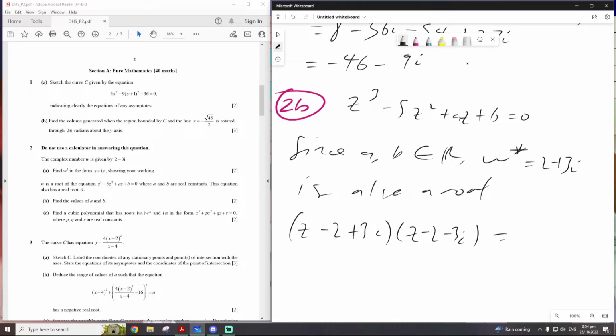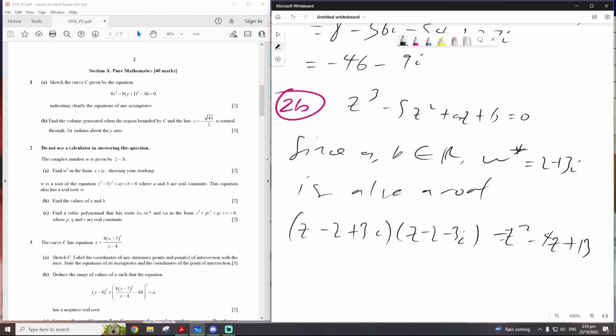So this is z squared minus 2 minus 3i times 2 plus 3i. They are conjugates, so you get the square of the modulus, and the real part will be negative 4, so you get z squared minus 4z plus 13.